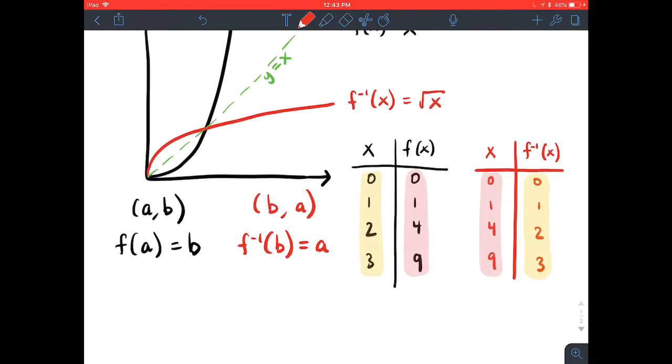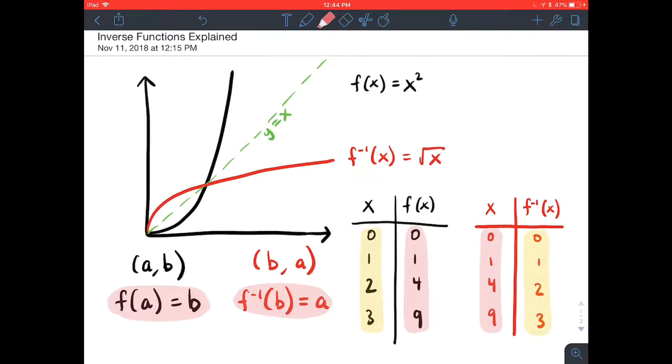If the point a comma b is on the graph of y equals f of x, that means that f of a is equal to b. Now if f of a is equal to b, then by the definition of what an inverse function is, where it swaps the inputs and the outputs, then f inverse of b will be equal to a. So the point b comma a will be on the graph of the inverse function.